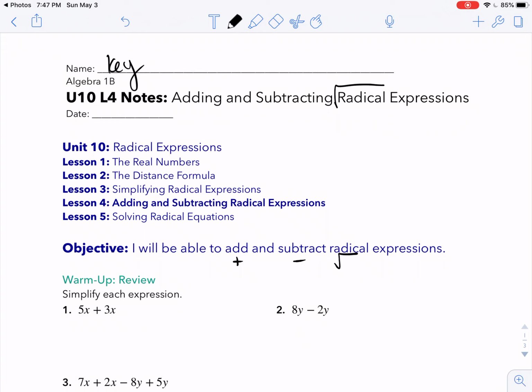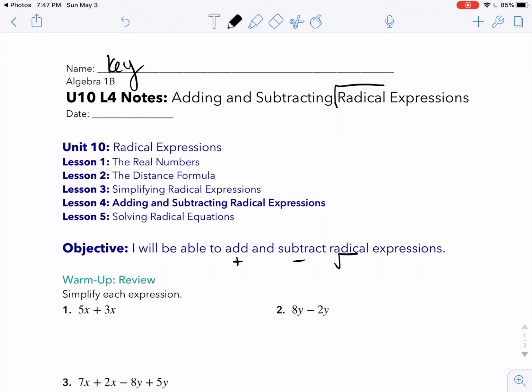So if you have an expression like the square root of 52, it's not even simplified. The radicand is what is underneath your radical. And then unlike radicals are radicals with different radicands. It would help if I spelled radicands correctly, huh? With different radicands.